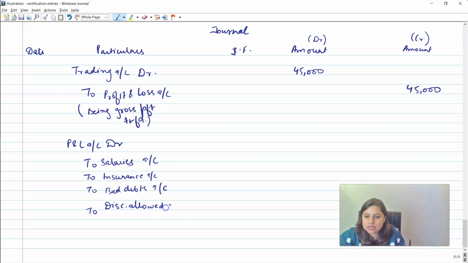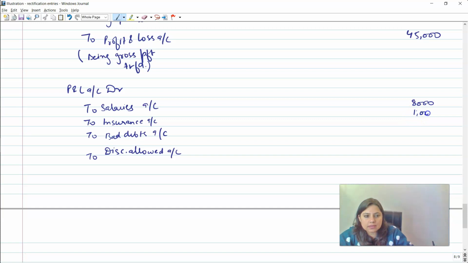So discount allowed will again be an expense of the company. So the salaries total is 8,000. Then we have the insurance, which amounts to 1,000. Then we have bad debts amounting to 3,000, and the discount allowed is 4,000. So here the narration would be expenses charged or debited to P&L account.